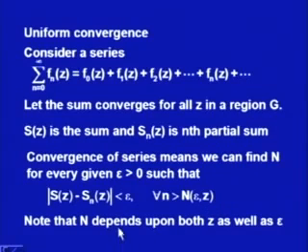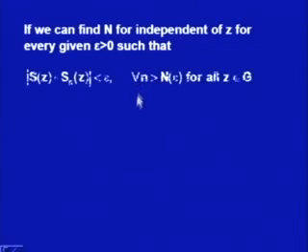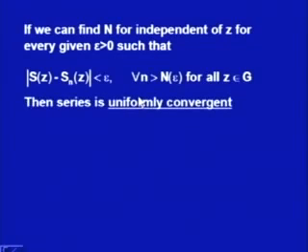Note that N depends upon both z as well as epsilon. However, if we can find a capital N which is independent of z for every given epsilon greater than 0, such that the modulus of the difference between S(z) and S_n(z) is less than epsilon for all n greater than N, where N is a function of epsilon only, then we say that the series is uniformly convergent.